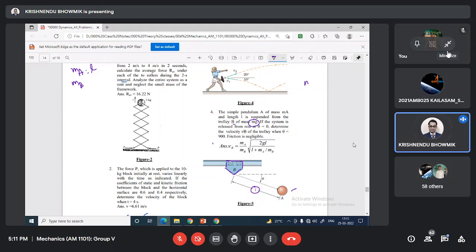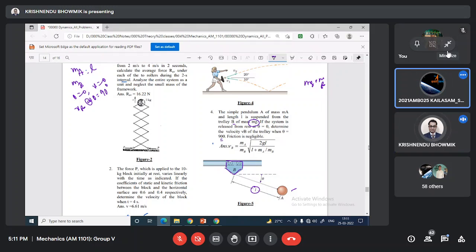If the system is released from rest at theta equal to 0, v equal to 0, determine the velocity vb at theta equal to 90 degree.